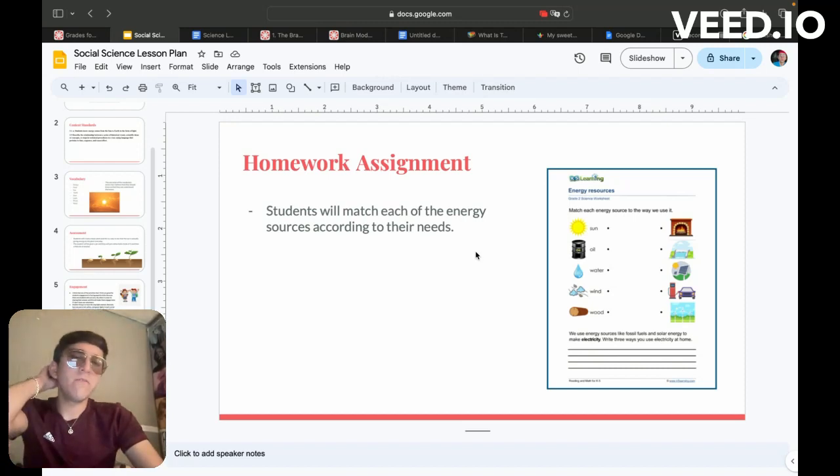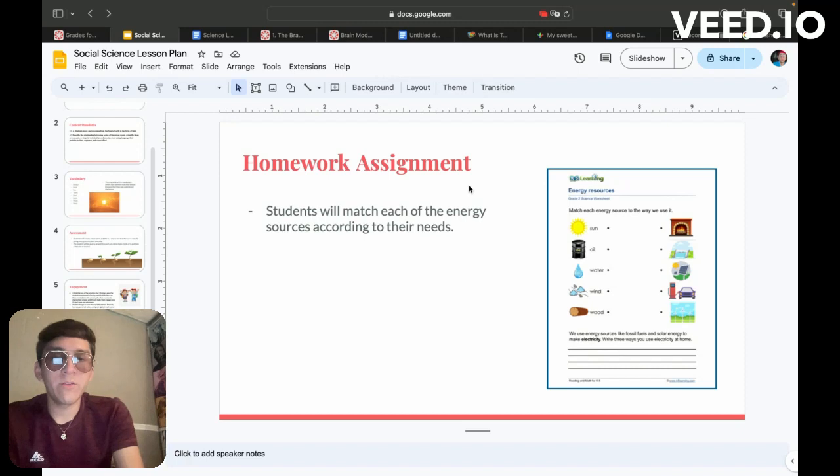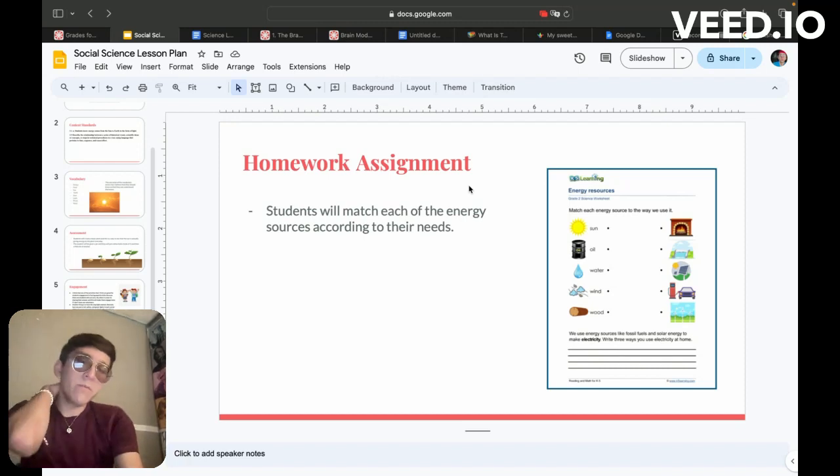There are different things that students will need to match, so that they're going to already have an understanding of what energy is, and why it is very important for them to know where all of this comes from.